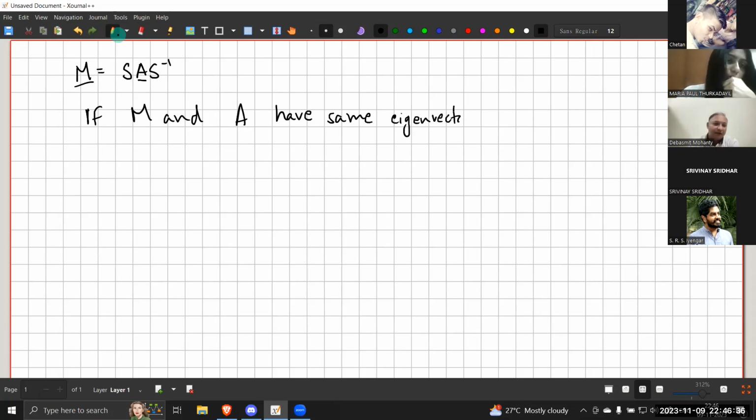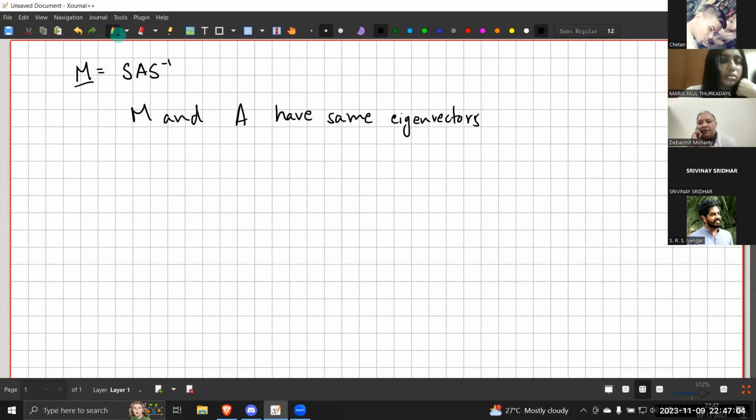M equals S A S inverse implies M and A have the same eigenvectors. If you can write a matrix M as S A S inverse, then M and A will have the same eigenvectors.